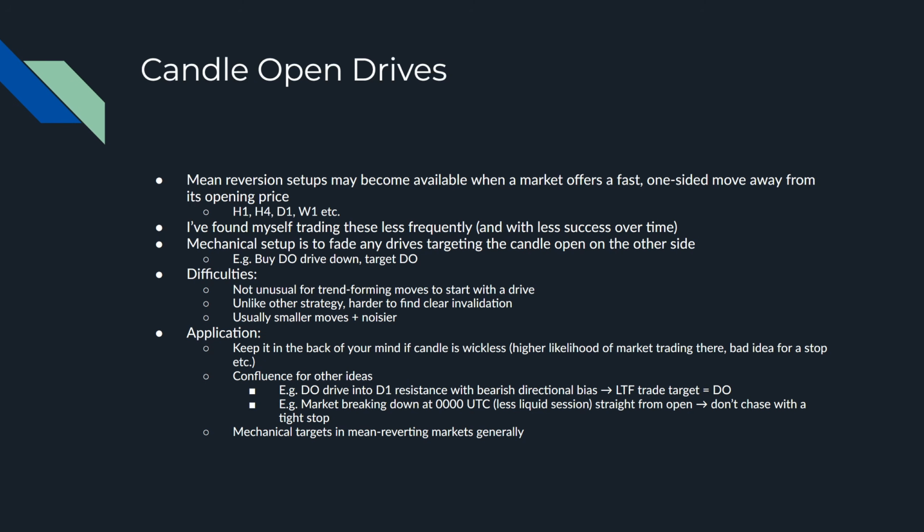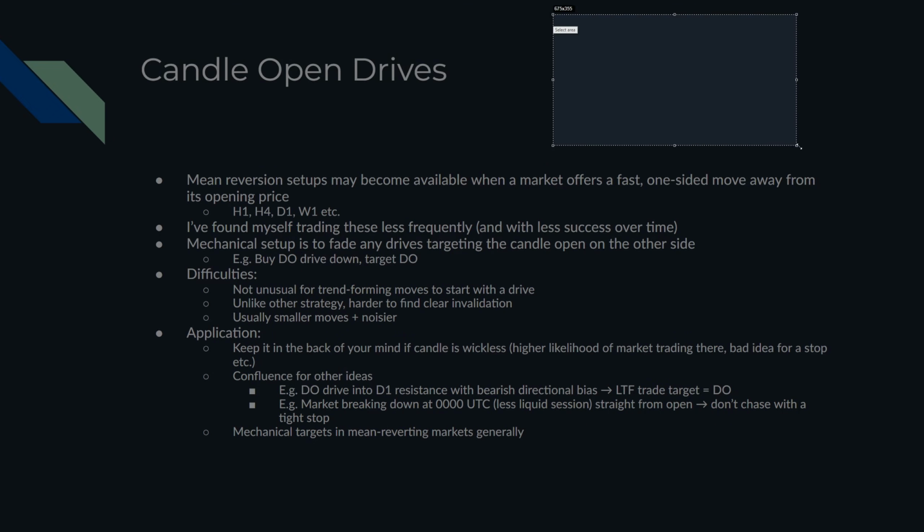The other difficulty is that, unlike the other strategy, it's much harder to find a clear invalidation for this. So if we take our example of the daily open drive lower, this is our daily open, and the market just drives lower, and you're somewhere here. If you're going to target the other side of the daily open so that the market has a wick on both sides, where's your invalidation?